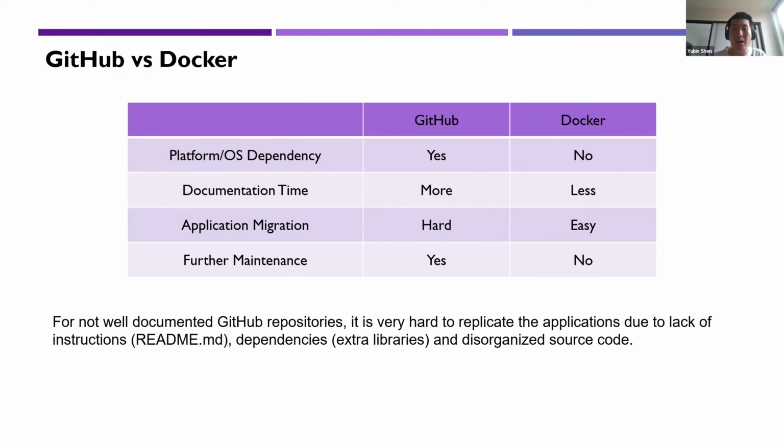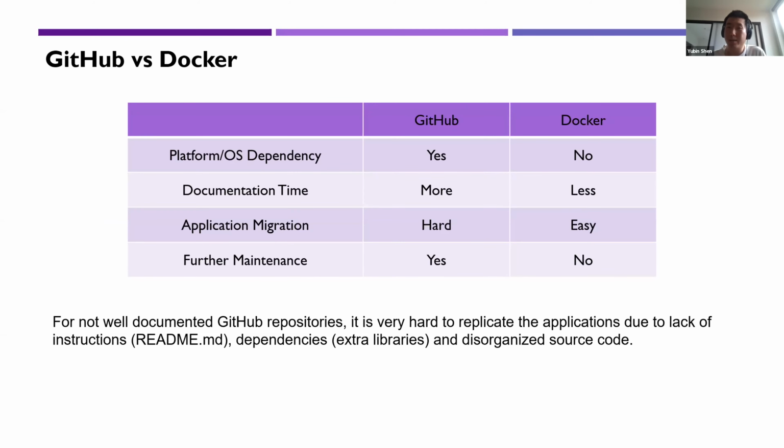Here, I also want to mention the difference between the GitHub repository and the Docker image. I list some comparisons. We all know that there are a lot of good open repositories on GitHub. But sometimes the quality of the documentation varies.